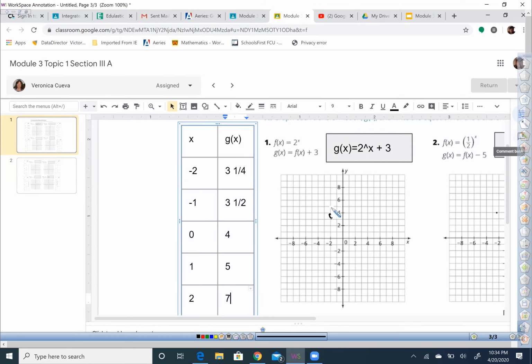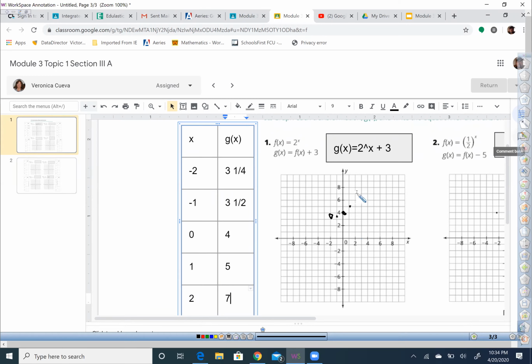Then we have -1, 3 and 1/2 right there. Then we have 0 and 4, which gives us our y-intercept right there. Then we got 1 and 5, right here. And then we got 2 and 7, so there's 6, there's 7 right there.